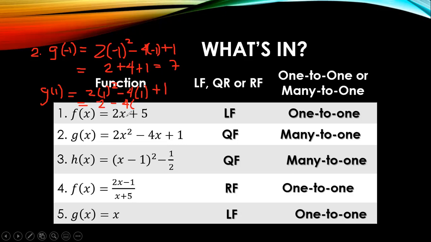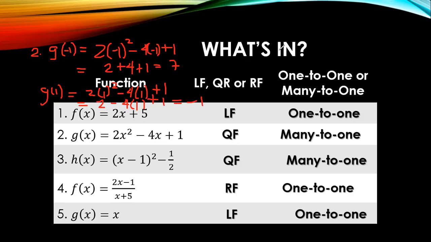Okay? Times 1 plus 1, that is 2 minus 4, that's negative 2. Okay, negative 2 plus 1 is negative 1.